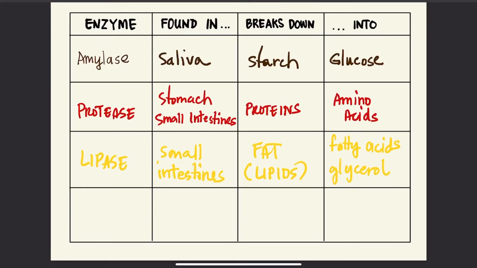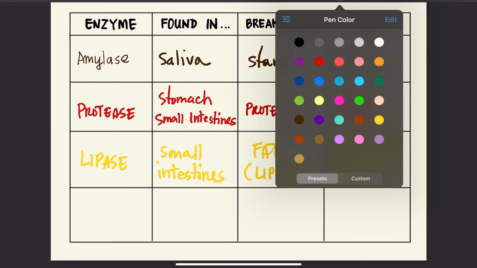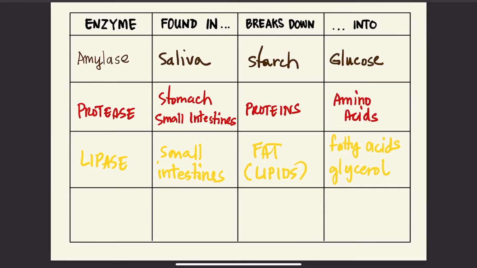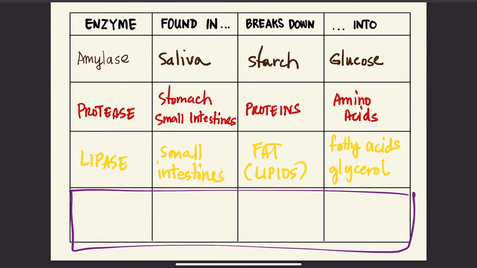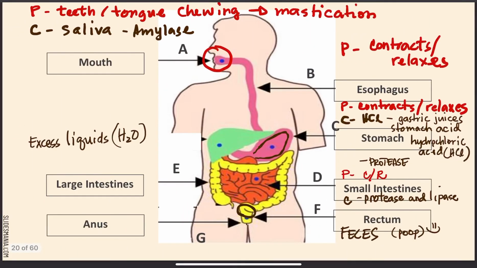Now, there's one more box here. Actually, it's not supposed to be an enzyme, but I just added it here because you might be curious. Some of you might be wondering why the liver is included in the digestive system.